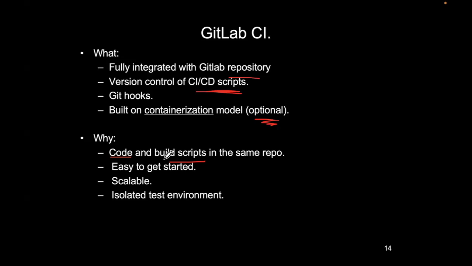Well, it's going to be very easy for us to do that in the same way that we would do it with source code. It's scalable, it certainly is, although we won't necessarily worry too much about scalability. Isolated testing environments, that's okay as well.